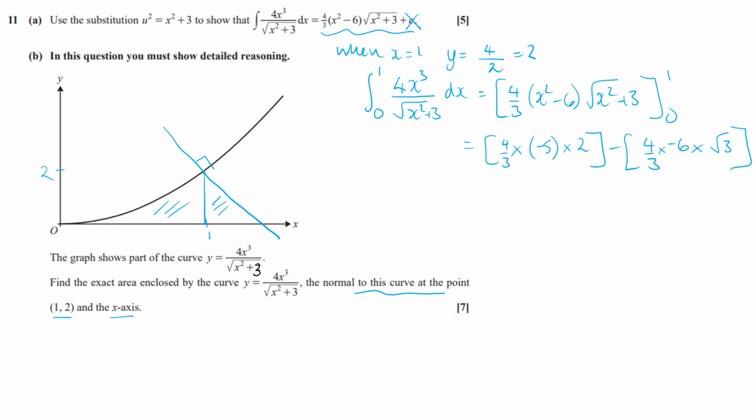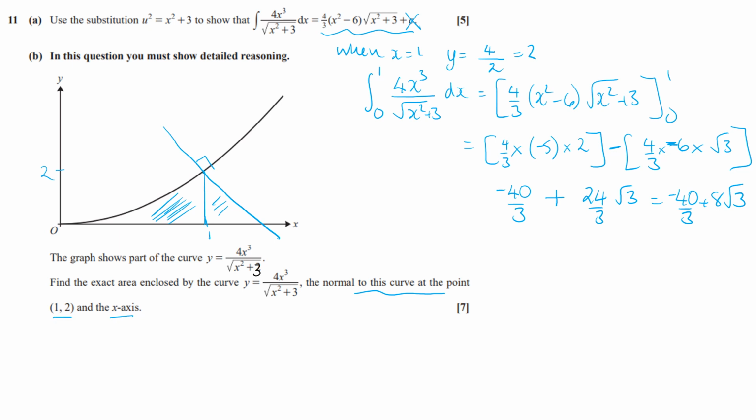So we times this top, we've got minus 40 over 3, and then minus minus will make a plus, and we've got 24 over 3 root 3. So altogether this is minus 40 over 3 plus 8 root 3. So that's this section here under the curve.